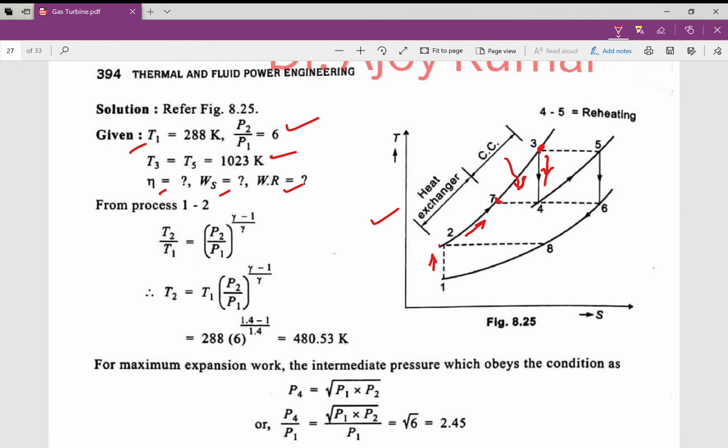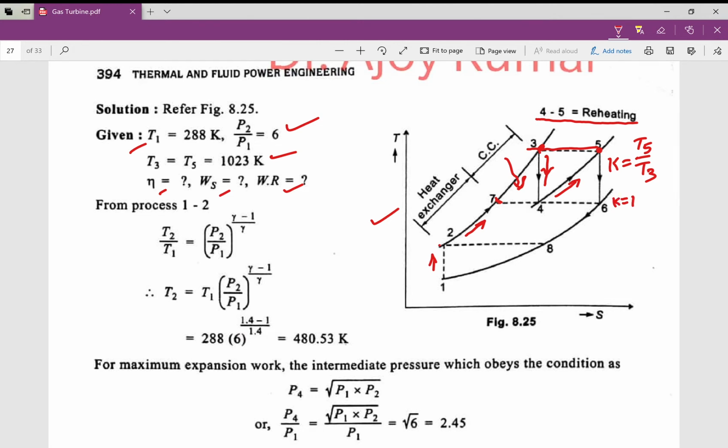Then that gas is reheated. Gas is reheated in process 4 to 5. So that's why it is written here 4 to 5 is reheating. So after reheating, temperature at 5 is the same as temperature at 3. You might be remembering earlier we had written like this: if T5 is equal to T3, then factor K was coming equal to 1.